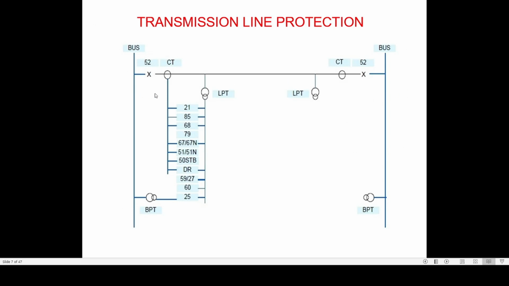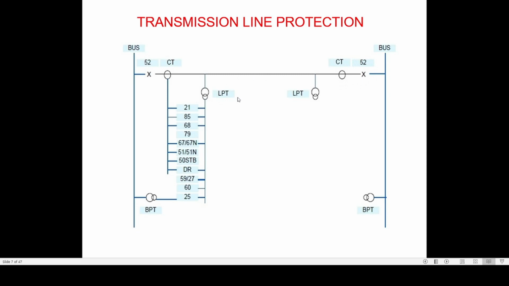Now the 52 designates your circuit breakers, followed by the current transformer at one end of the transmission line, and then the CT and 52 on the right-hand side designate the current transformer and the breaker at the other end of the line.